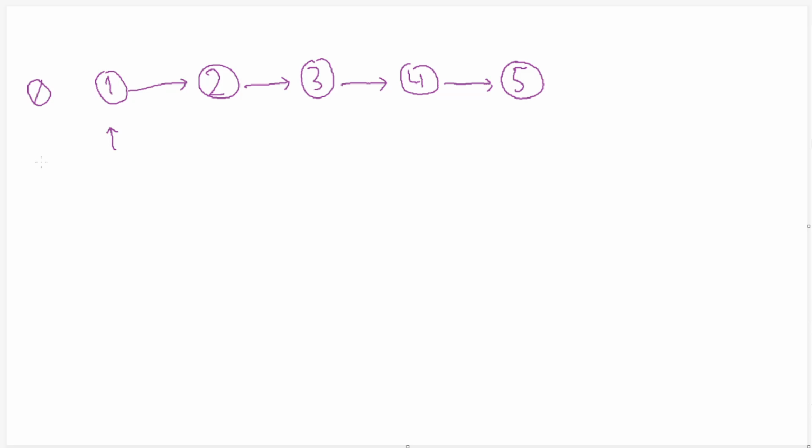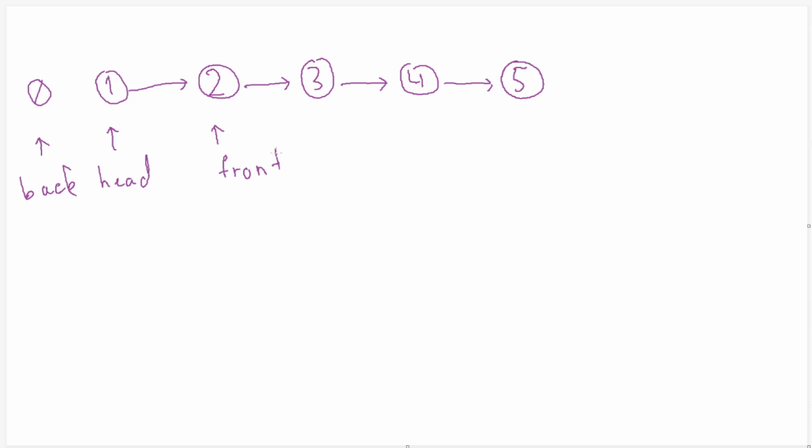So we're going to need a previous value. Maybe we can call it back, and we'll call this one front. And this is going to be head. This is back. This is front.